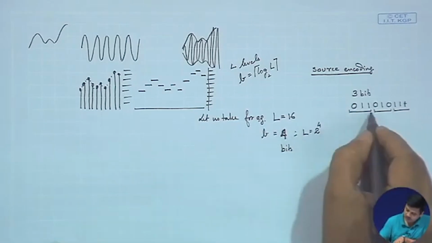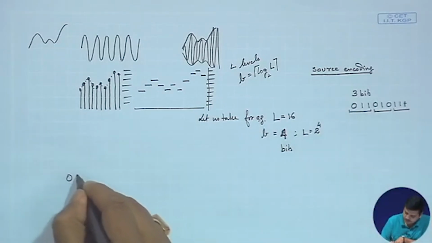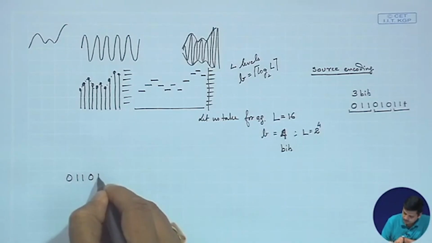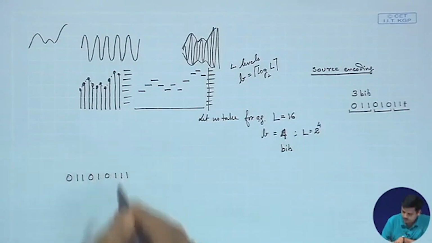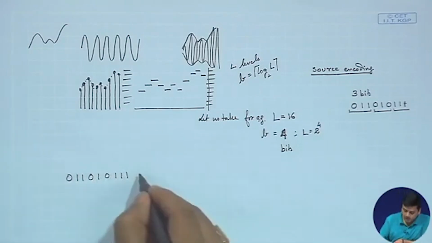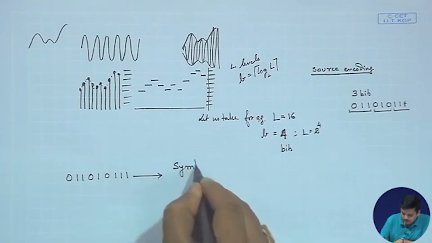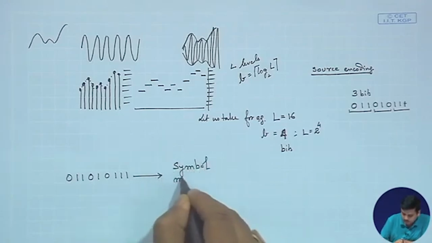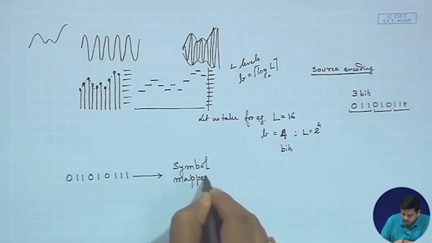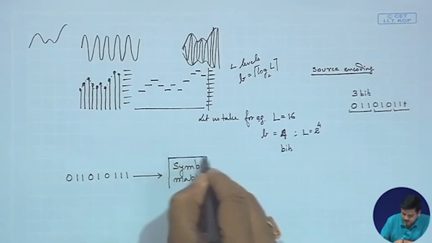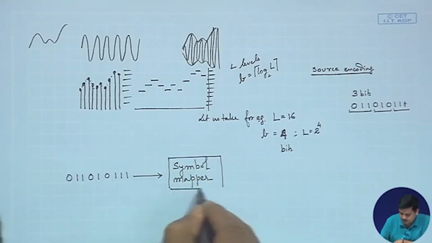Now, this bit stream would go into the symbol mapper that we have just discussed in the previous lectures.